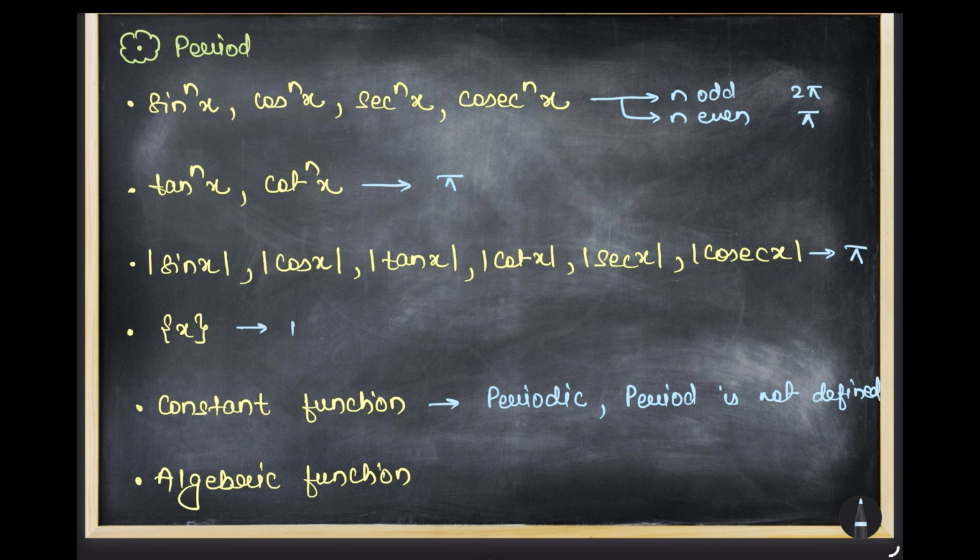You can say its period is 1, you can say the period is half, you can say the period is 1 by 4, 1 by 8. You can use any number, but for the fundamental period you should go with the least one, and you cannot find the least one. So that's why a constant function is periodic, but its fundamental period is not defined.